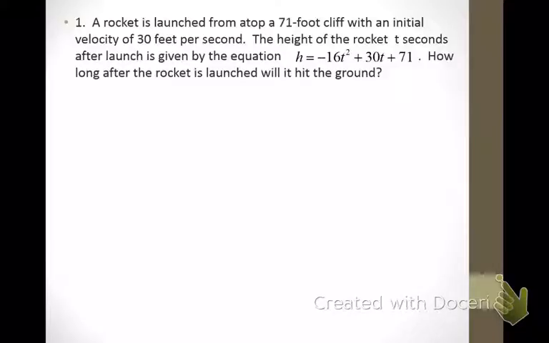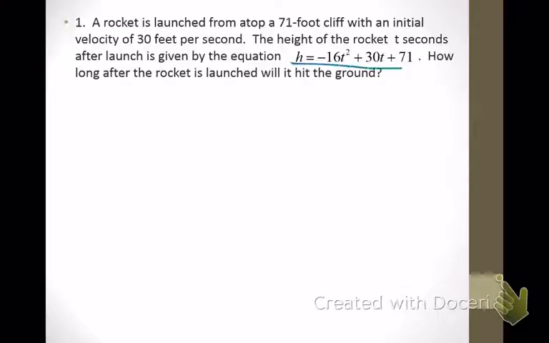First situation: a rocket is launched from atop a 71-foot cliff with an initial velocity of 30 feet per second. The height of the rocket t seconds after launch is given by the equation.